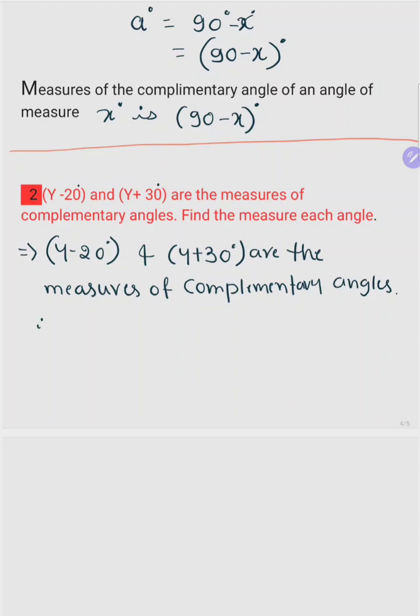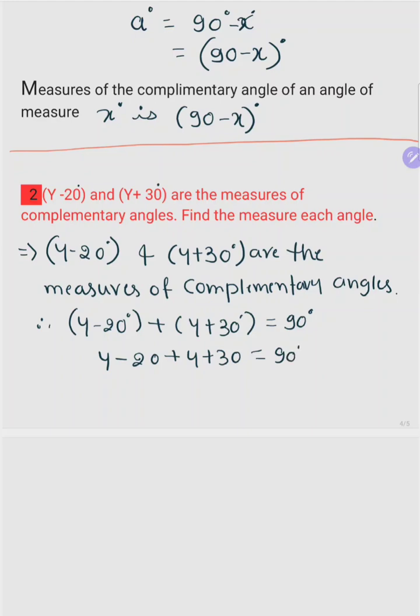So how is it solved? Before, we find the y. So complementary angle means 90 degree. So here two angles are there, y minus 20 plus y plus 30 degree. So the complement angle is 90 degree. So here taken y one side and degree one side. y minus 20 plus y plus 30 is equal to 90 degree.